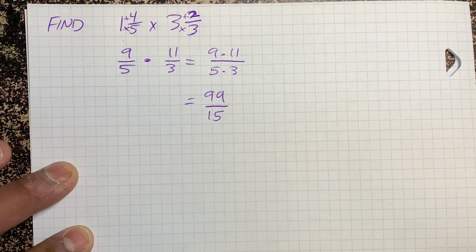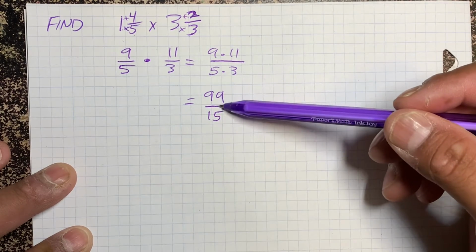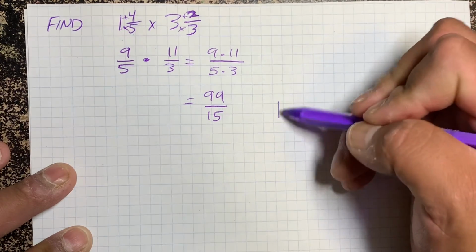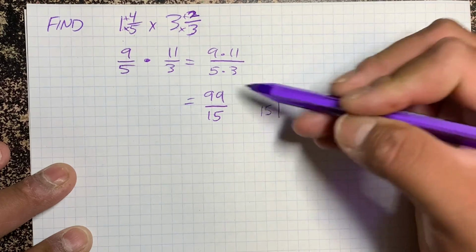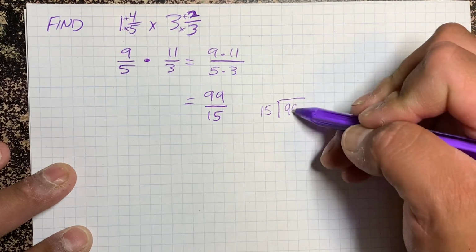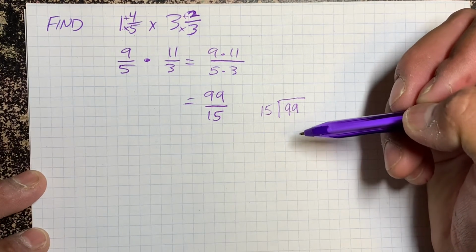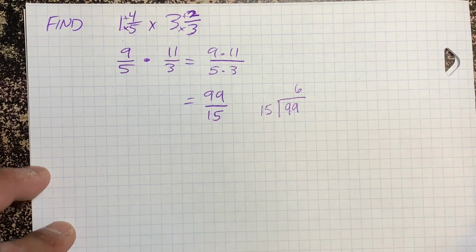It's still an improper fraction, but we want to make it a mixed number. We do that by simple division. Your denominator goes on the outside of the box, and your numerator goes on the inside of the box. Now 15 can go into 99 6 times, and then you just multiply that.